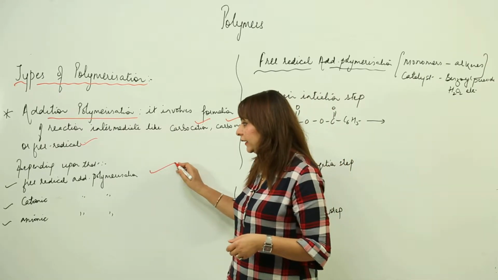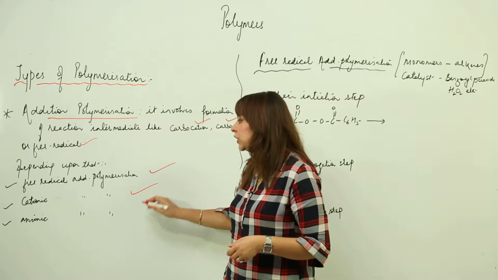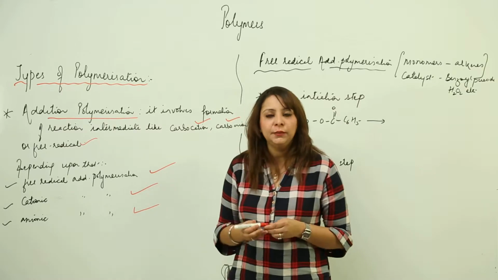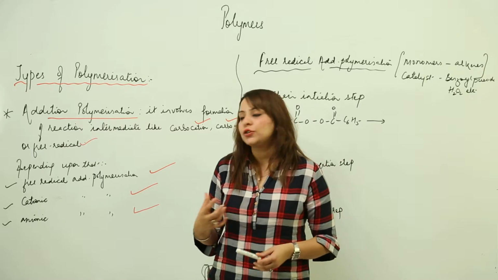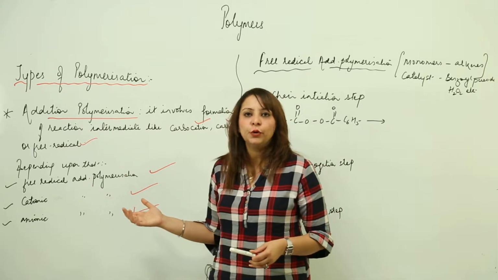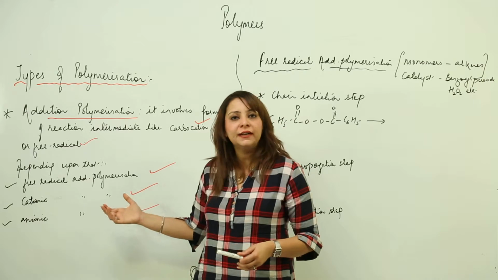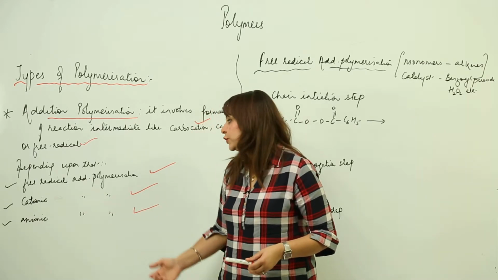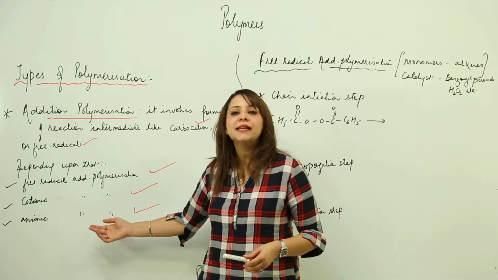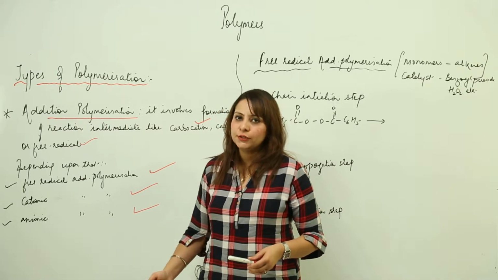One is the free radical, second is the cationic, third is the anionic. That means when a free radical is formed as an intermediate, the polymerization is called free radical addition polymerization, and if the intermediate is a carbocation, then it is called cationic addition polymerization, and if it is an anion, then it is called anionic addition polymerization.